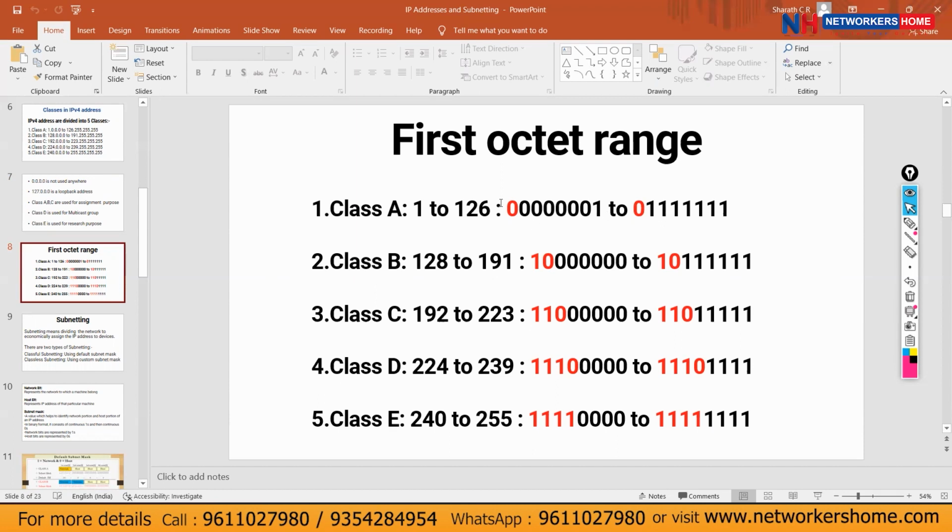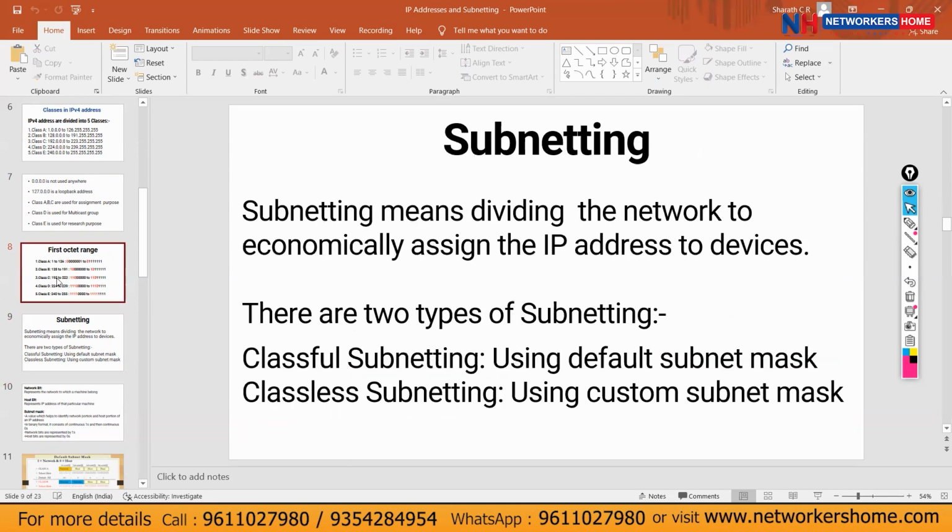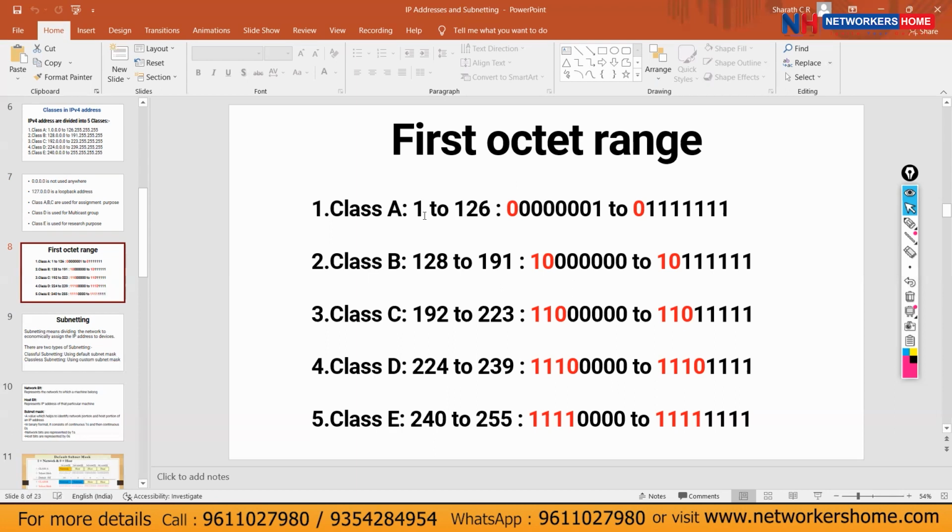And these are the binary formats of these numbers. 1, when you convert it to binary, is 7 zeros and 1. 126, when you convert it to binary, is 0 followed by six 1s. 128 when you convert it to binary is this. 191 when you convert it to binary will be this.